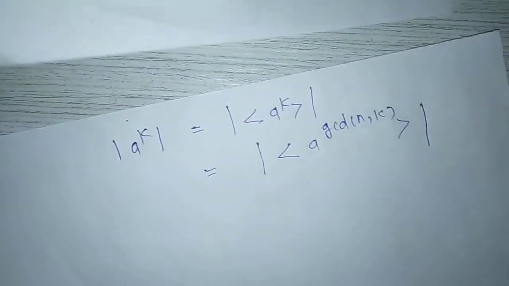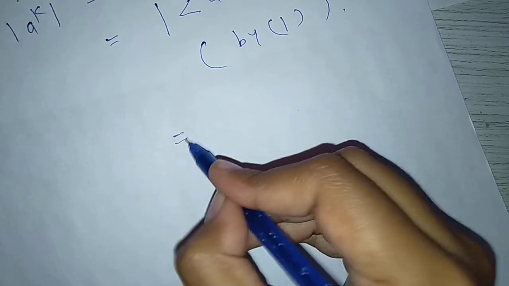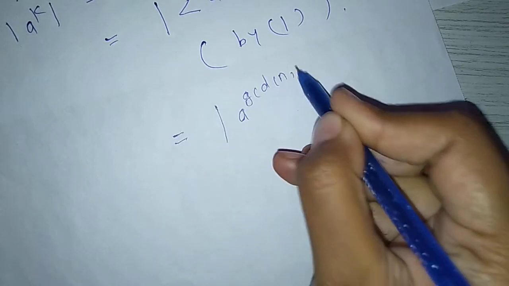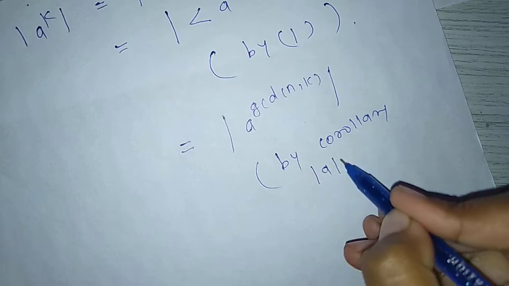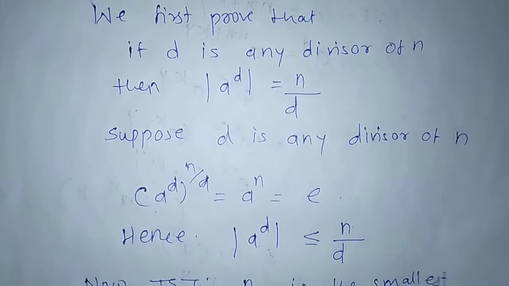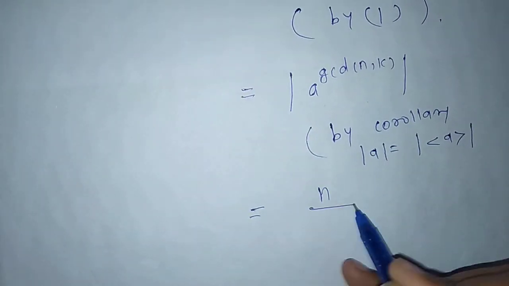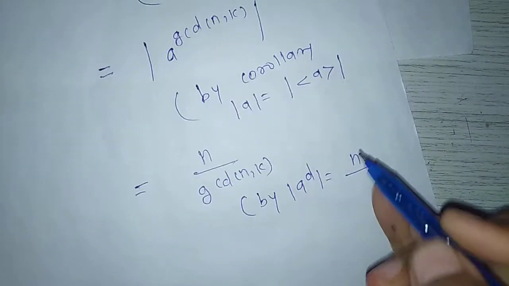By the first part of this theorem, by 1, which is equal to the order of a raised to GCD of n and k, by the corollary that the order of a equals the order of the set generated by a, which is equal to, by using the result that the order of a raised to d equals n upon d, n upon GCD of n and k.